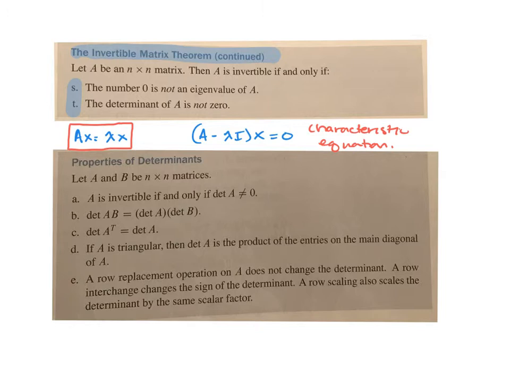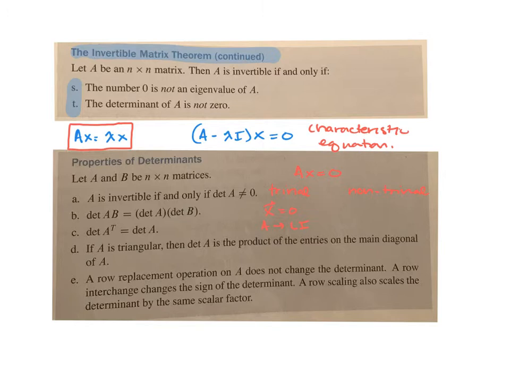We're going to use the data here to help us figure that out. So first, what you have to appreciate is that any time you have an AX equals 0, you're either going to have a trivial or a non-trivial solution. If the trivial solution is the solution, that means that X is only 0 and that A is linearly independent or has an inverse, has ones down the diagonal.